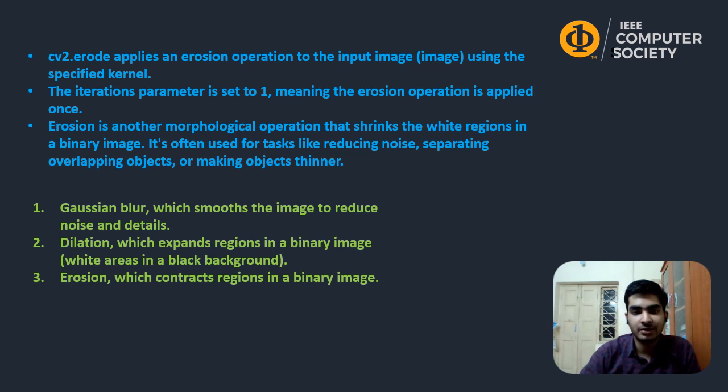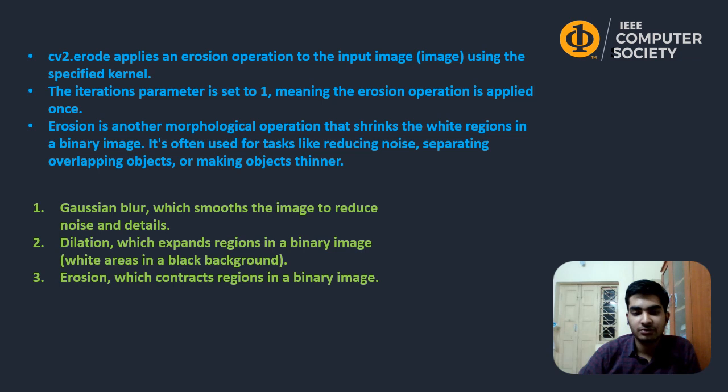cv2.erode applies an erosion operation to the input image using the specified kernel. The iterations parameter is set to 1, which again means that the erosion operation is applied only once. Erosion is another morphological operation that shrinks the white regions in a binary image.